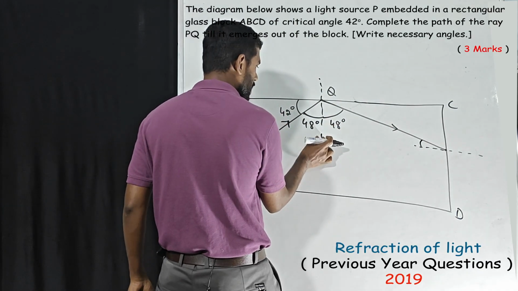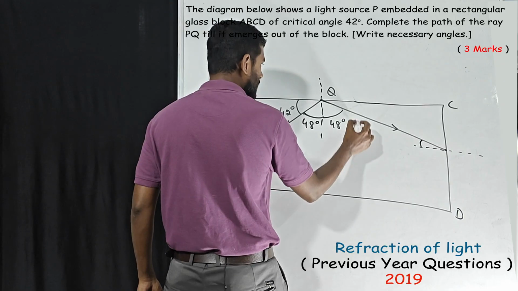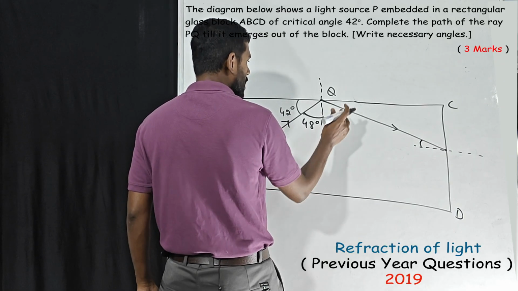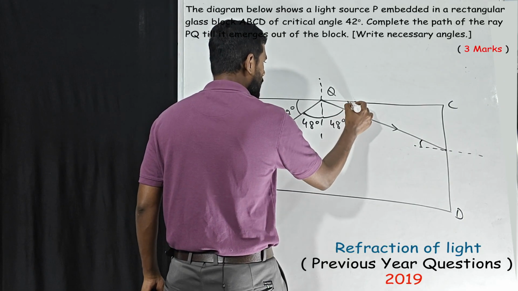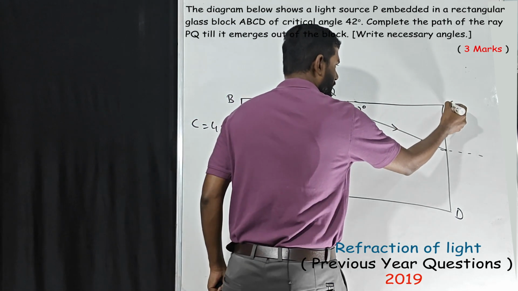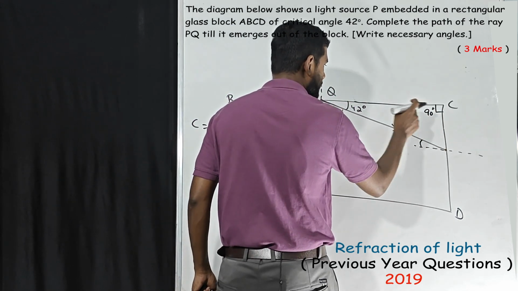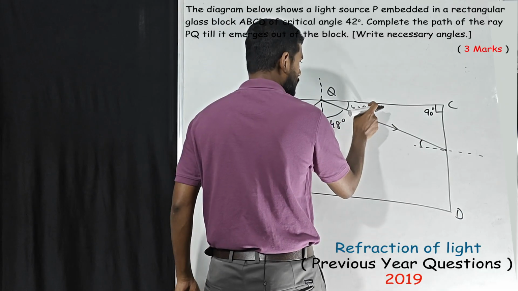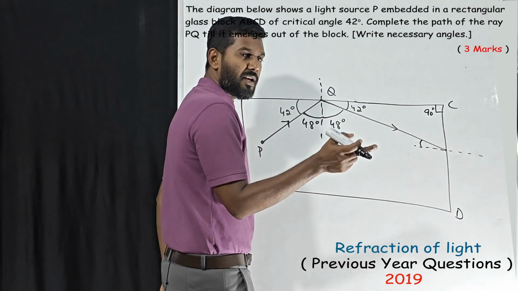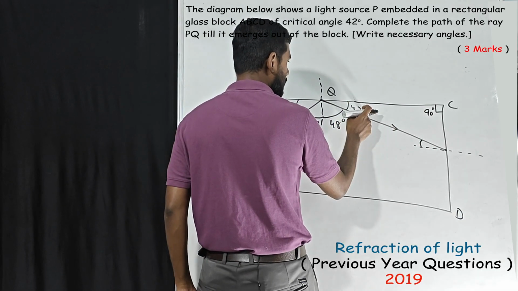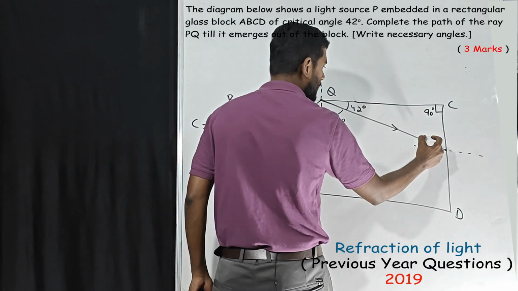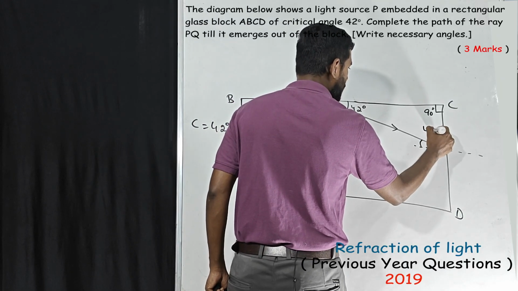We know from the normal till the surface, this complete angle is 90 degree. One is 48. This will be 42. And we can clearly say this is 90 degree. Correct? And if this is 90, 42, what is the total angle of a triangle? 180 degree. 90 plus 42 and some angle should be equal to 180 degree, that will be 48.